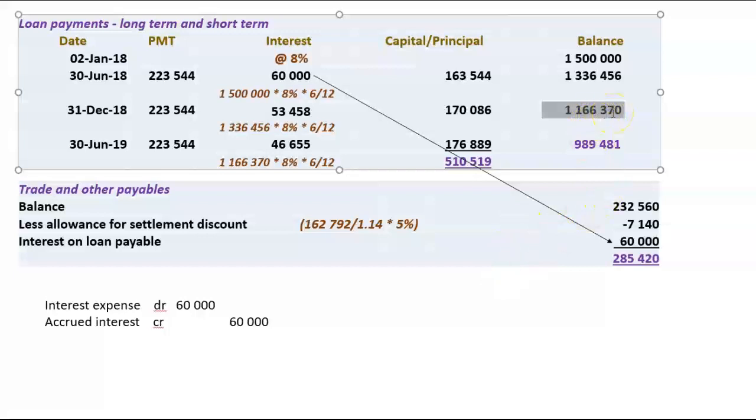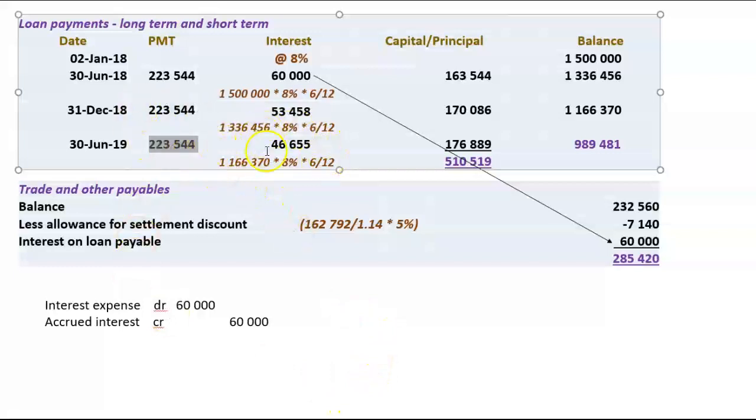After that payment has taken place, it will be 1,336,456 less 170,086 gives me a remaining capital balance of 1,166,370. We always calculate interest on the capital which is outstanding. So 8% of our outstanding capital balance for the last 6 months of the next financial year will then be 1,166,370 times 8% once more for a 6-month period, which is going to have an interest payment of 46,655 included in the total payment of 223,544.